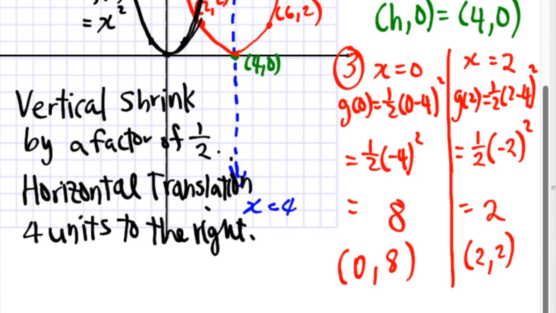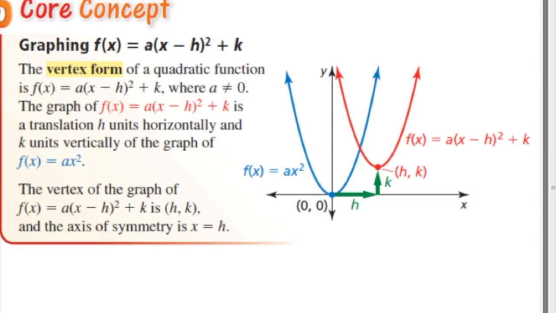So the next concept is just adding another portion into what we were just talking about. And now I'm going to add that k value on the outside. So this is called a vertex form, very similar to the one that we just talked about. And what this does is we're going to move it horizontally and also vertically.